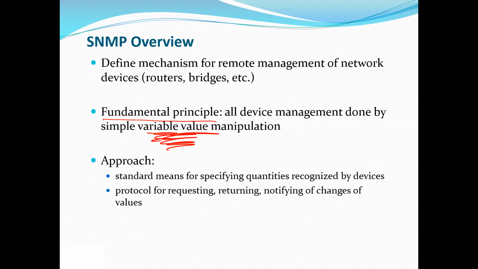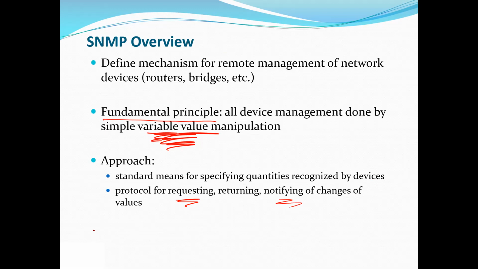The approach is then to figure out the formatting, the standard means of specifying quantities recognized by devices, and the protocol of requesting, returning, and notifying of changes of the values. It's a protocol for the requests, the queries and the responses.